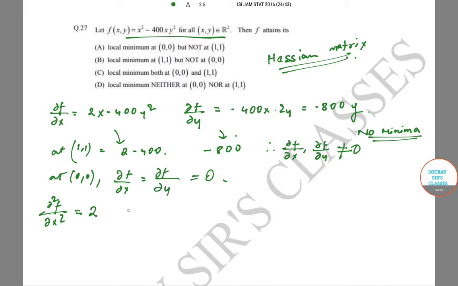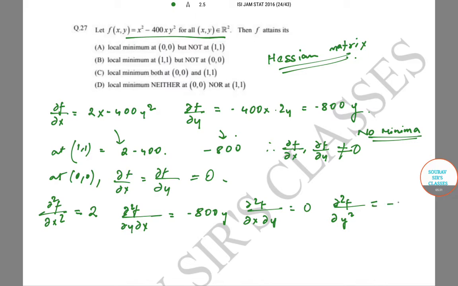It is 2. dou squared f dou y dou x is equal to minus 800y, dou squared f dou x dou y is equal to 0, and dou squared f dou y squared is equal to minus 800.